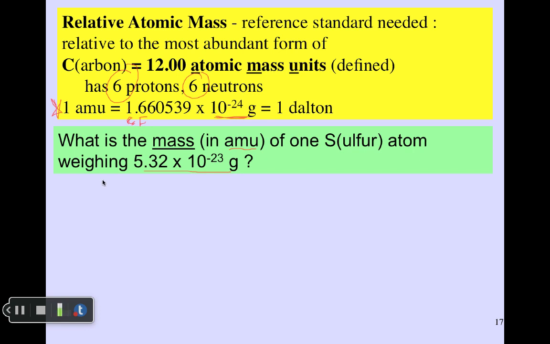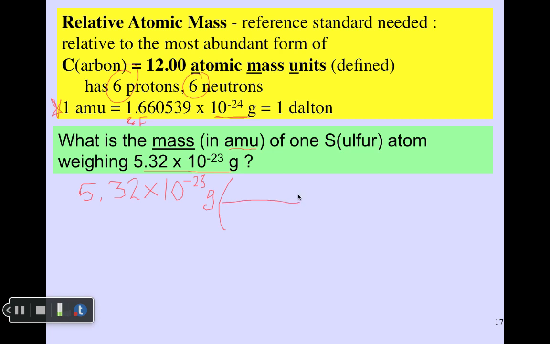Given this problem statement, there isn't much else to begin with. So start with the 5.32 times 10 to the negative 23rd grams for the mass of a sulfur atom. And of course, one atom can't weigh very much. To get this to AMU, we need a conversion.